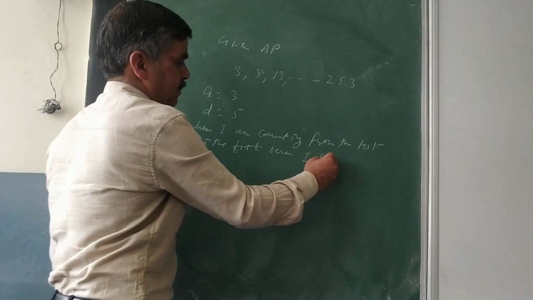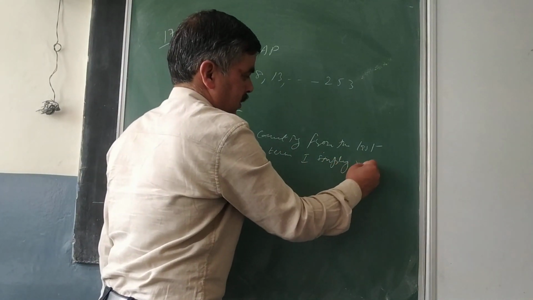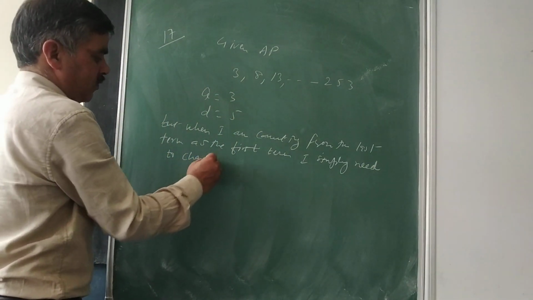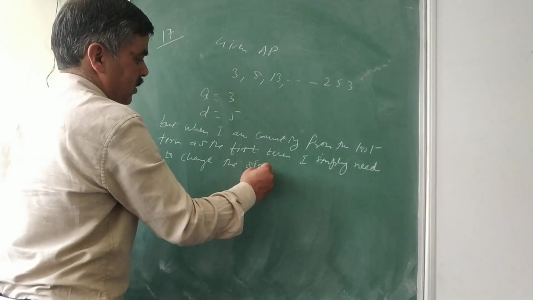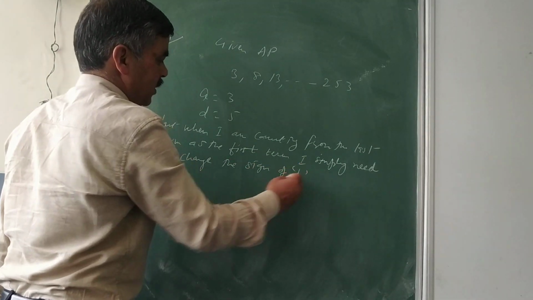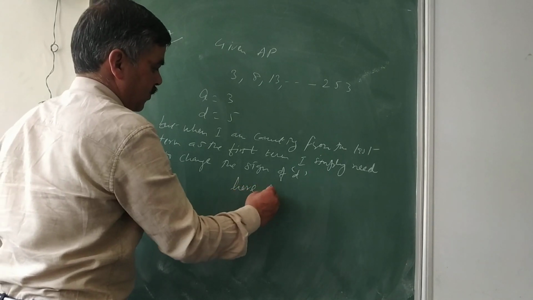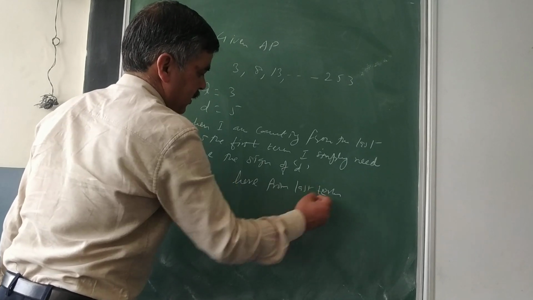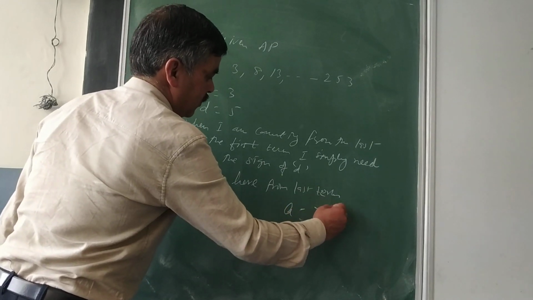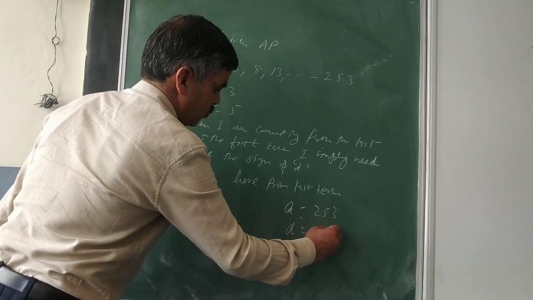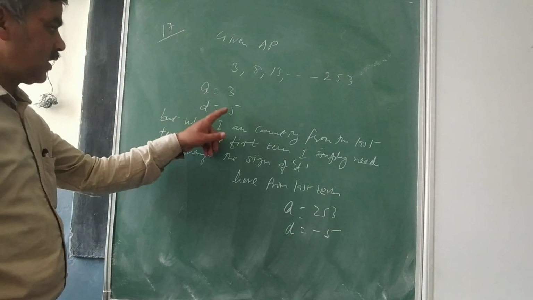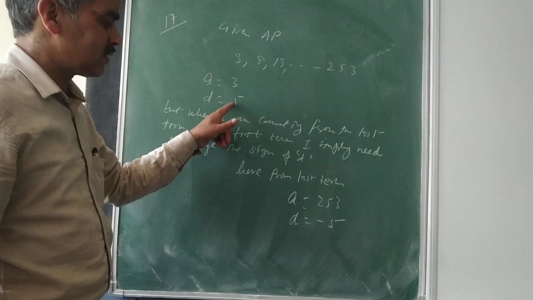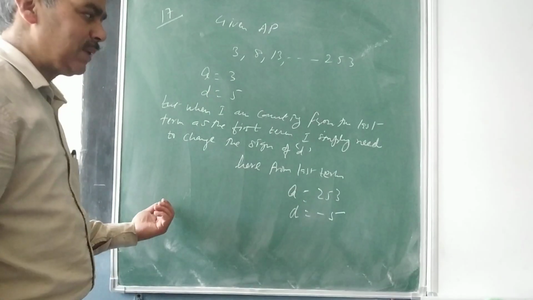I simply need to change the sign of D. So here, from the last term, A is equal to 253 and D is equal to minus 5. If from the beginning D is 5, then from the last it will be minus 5. You have simply changed the sign.